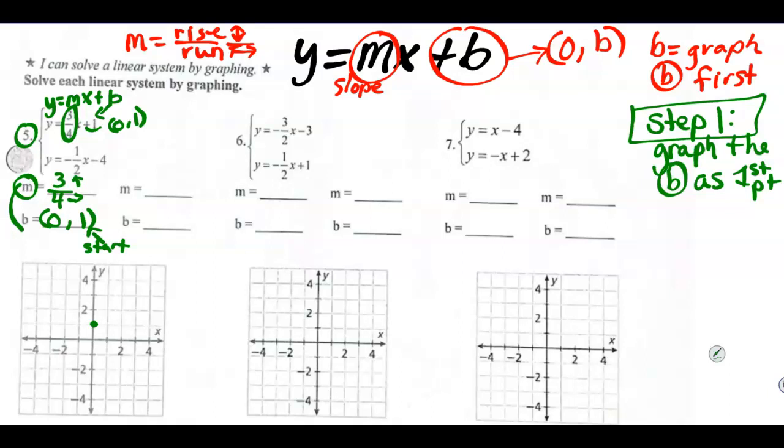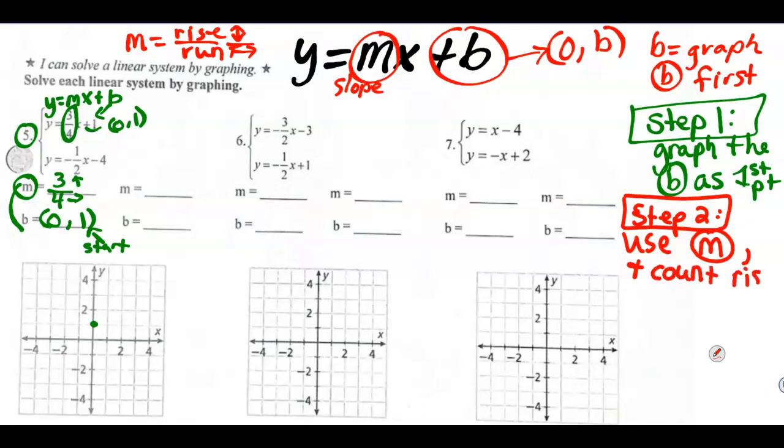Now the second thing we do, there's only 2 steps. Step 2. And again, you should be writing these down along with me if you need a little refresher. Step 2. We use our slope, which is our m, and we count rise over run.